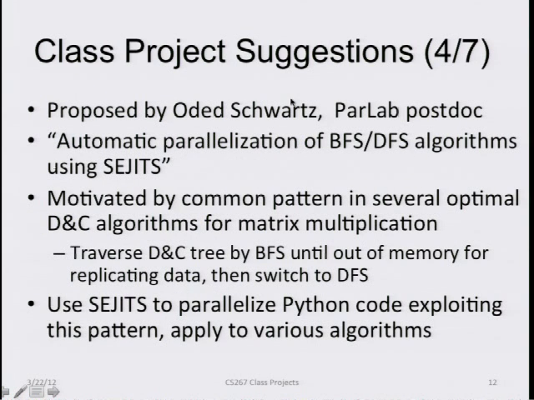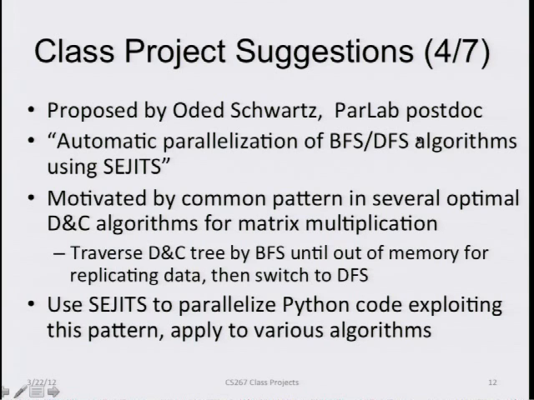This one was proposed by Oded Schwartz, who's a Parlab postdoc. There's a pattern for parallelization which has come up so many times that it seems to be time to automate it using this system called CJITs, which is selected just-in-time specialization, where you write the code in a very high-level way, in Python, and then you say, use this idea of, I'm going to traverse this divide and conquer tree. I'm going to do it in a breadth-first fashion, as long as I have enough memory and processors to spawn a separate process for each leaf, each child of a tree.